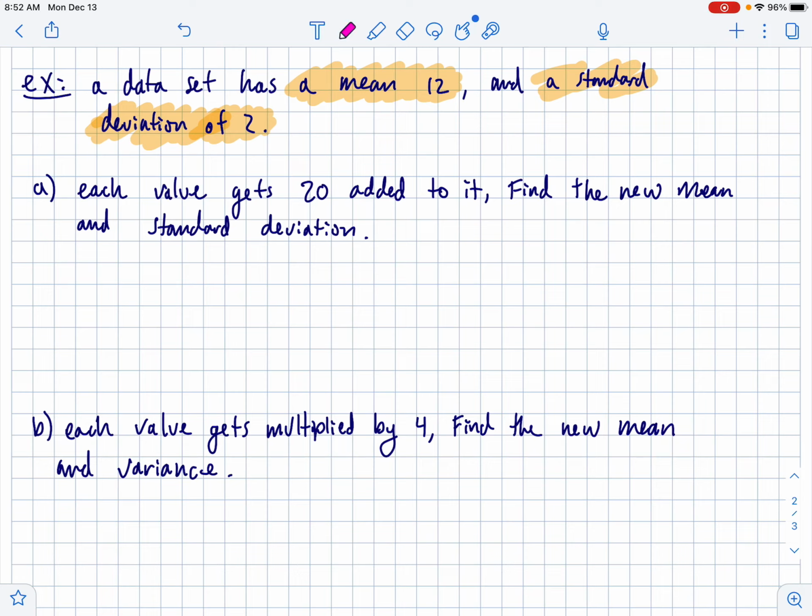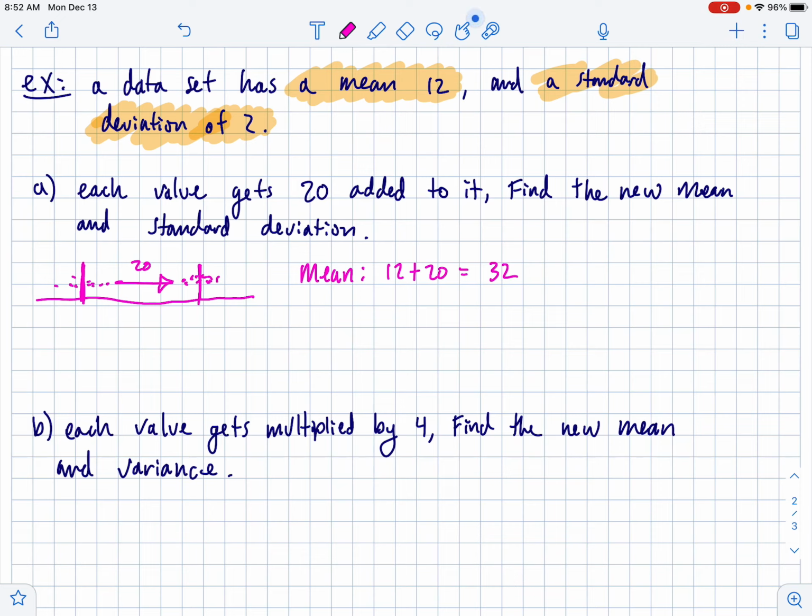Well, if you picture a group of data on a number line, and then you shift them all by 20 this way, whatever the mean was in the middle will just get shifted by 20 again. So the mean is just going to be the original mean plus 20. So the new mean is going to be 12 plus the 20, which is 32.